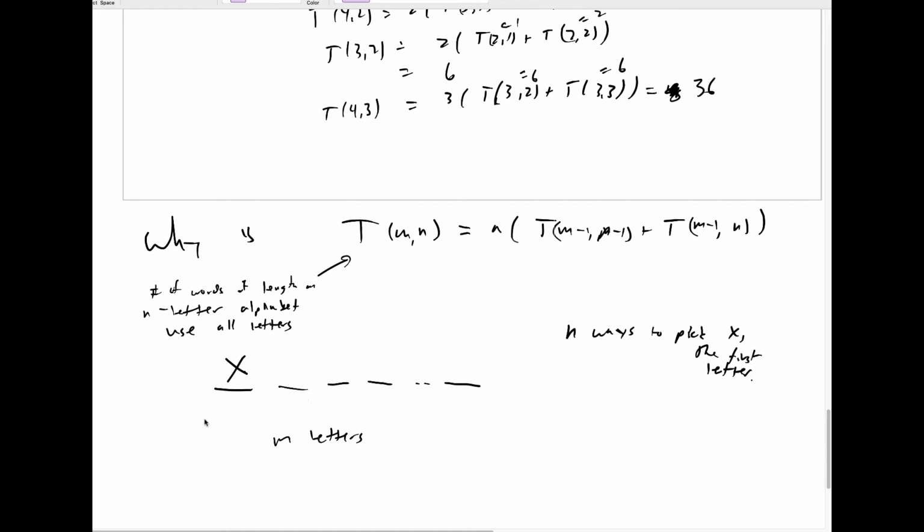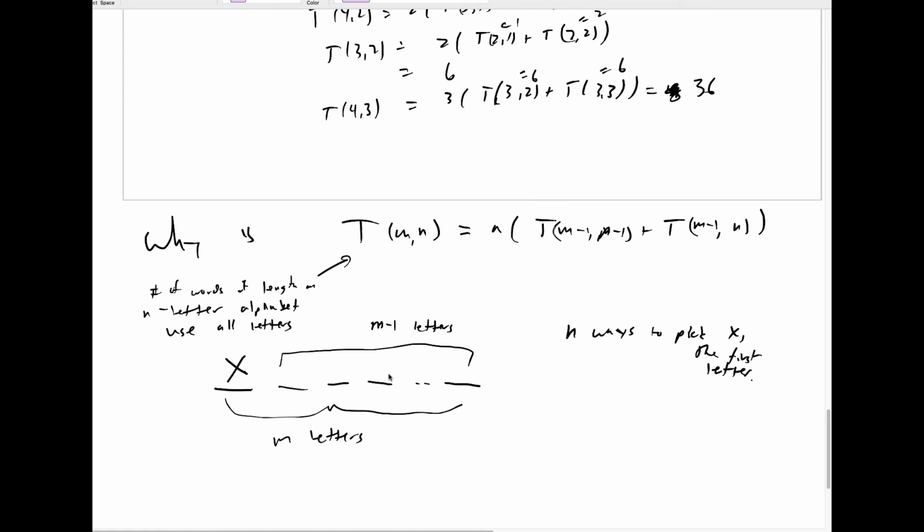Now, once I pick the first letter, how many ways can I finish? M letters total. To finish, I have to pick this word with m-1 letters. And it might seem like it's hard to answer, how many ways could I finish this word?